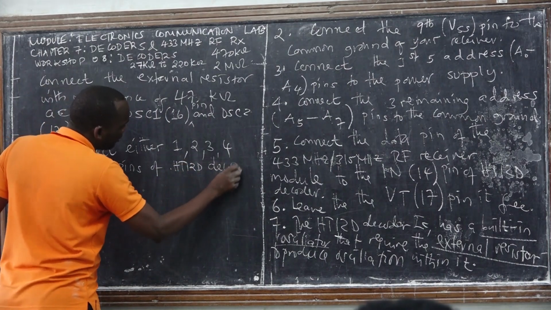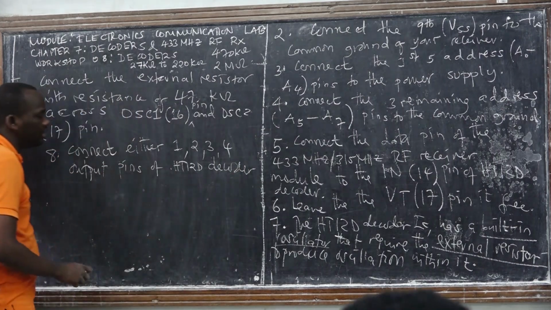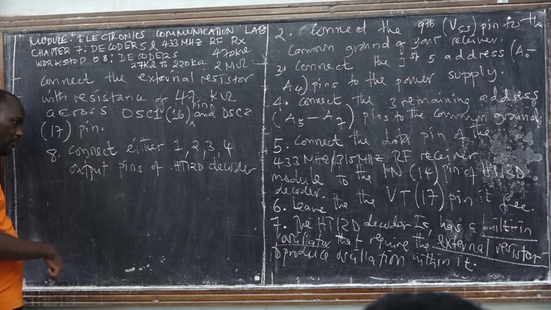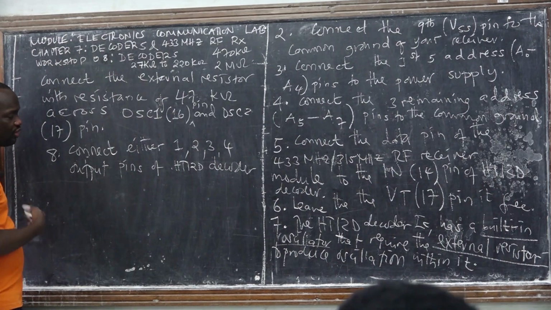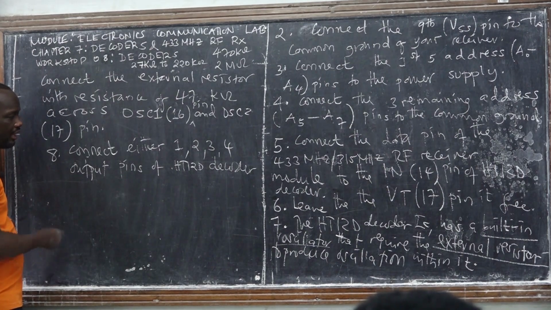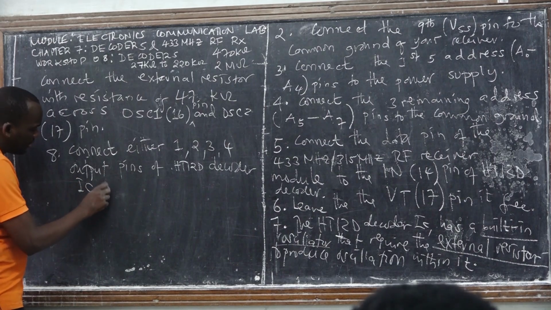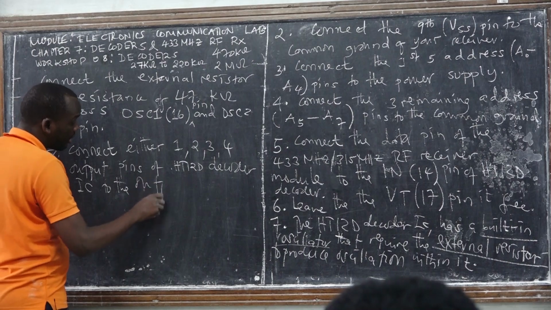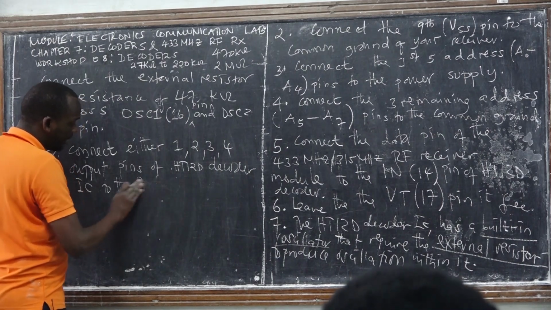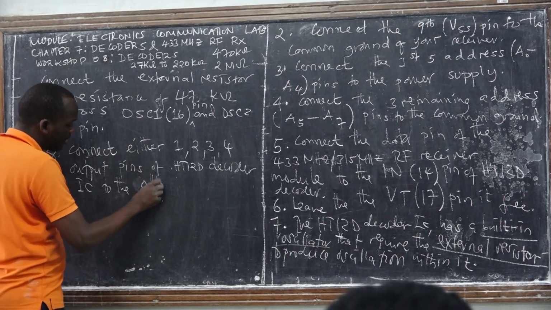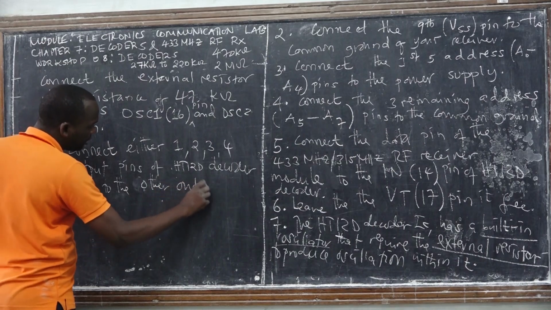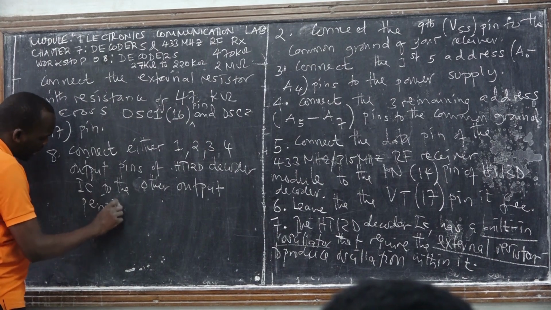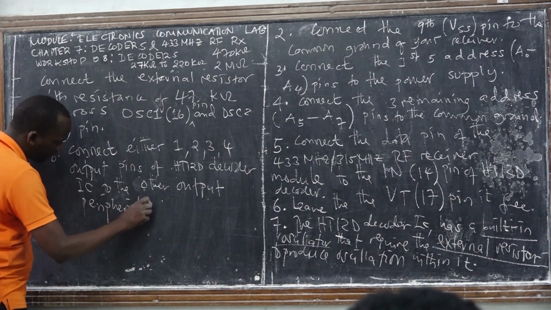Connect either 1 or 2 or 3 or 4 output pins of Ht12D decoder to the other output peripherals.